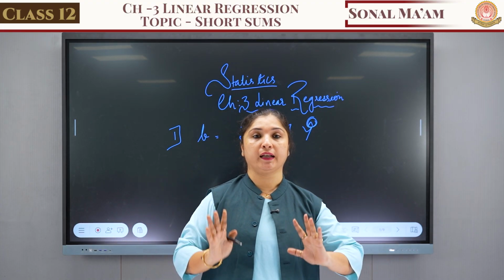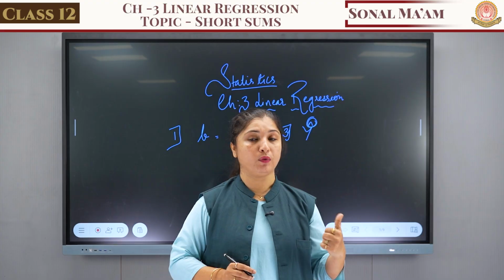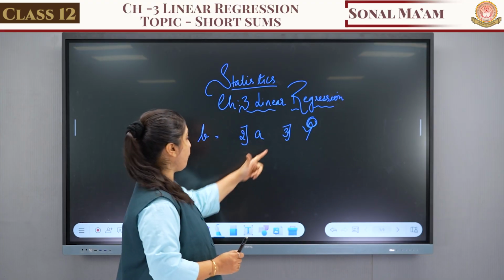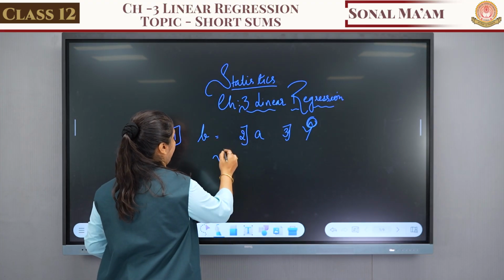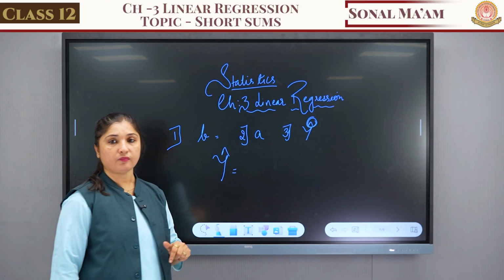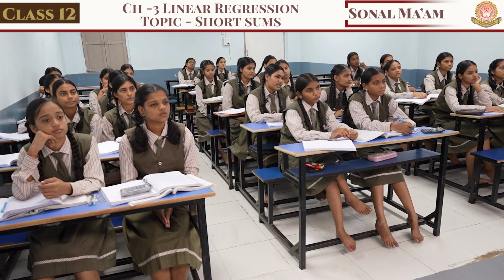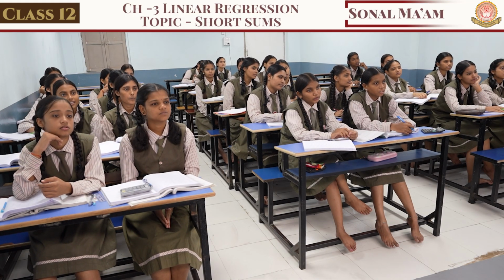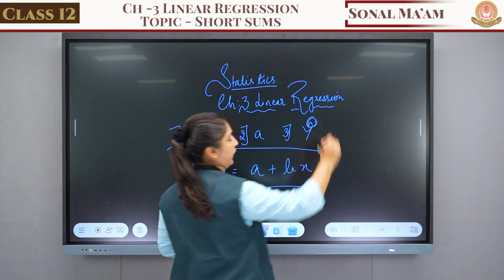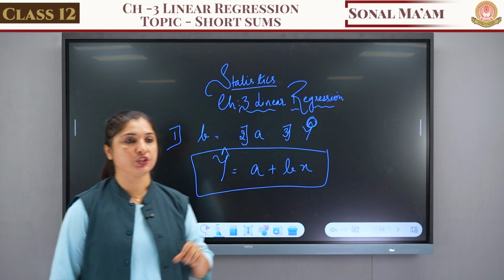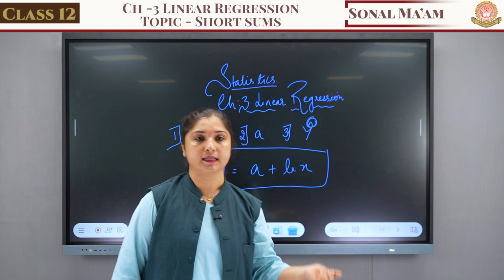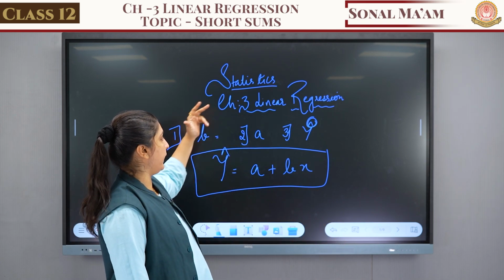First of all, before starting, I would like to correlate the formulas. I would like to revise the formula for y cap. What do we write for y cap? a plus bx. This is the equation for y cap. In the steps we already learned, we'll find a, we'll find b.